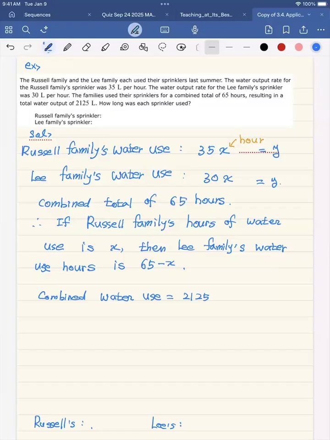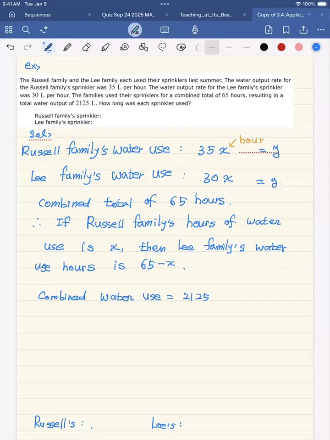So both families combined total is 65 hours. And the total output of the water use is 2,125 liters.